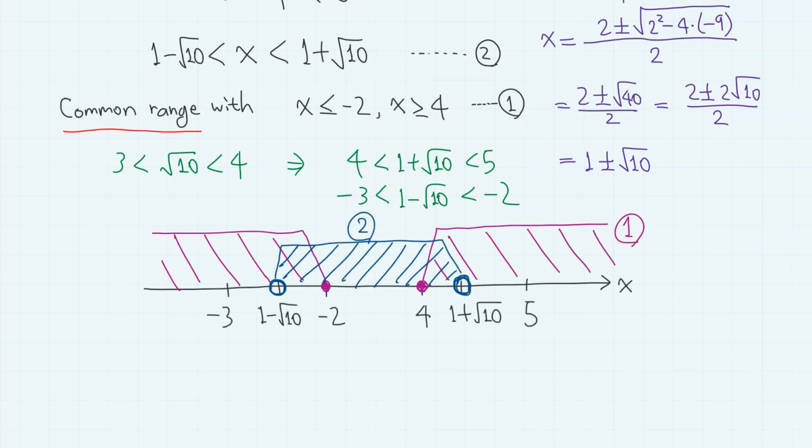So if we represent them on the number line, the common range is these parts right here, which is x is greater than 1 minus square root of 10 and less than or equal to negative 2, and x is greater than or equal to 4 and less than 1 plus square root of 10.